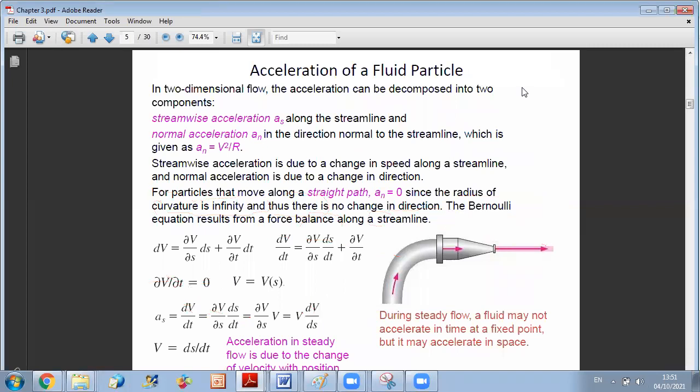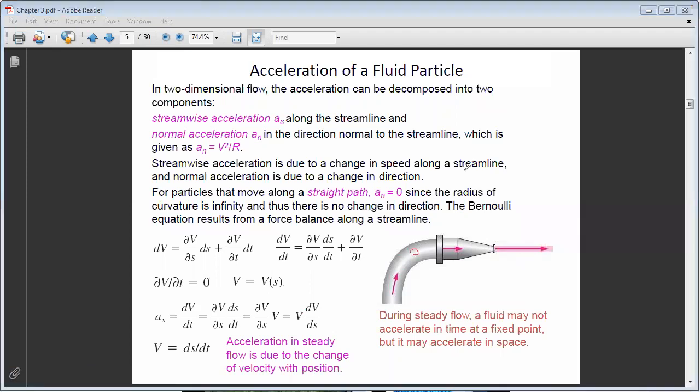Okay. So first, we will consider a two-dimensional flow, and the acceleration then can be decomposed into components. Because you know from dynamics that for any particle in motion, if I have a curved motion, I can write Newton's law in two directions.